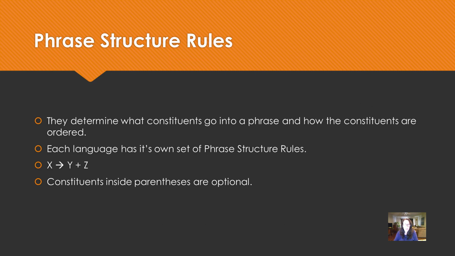And they're going to be written like the example here that shows X and then the arrow and then Y plus Z. So the X in this case might be a noun phrase, and then the arrow means that it's made up of those things, or it could be made up of those things. And so we know that for nouns, it's possible that a noun phrase can be made up of a determiner plus a noun. And then we can also indicate some optional constituents, and those are going to have parentheses around them.